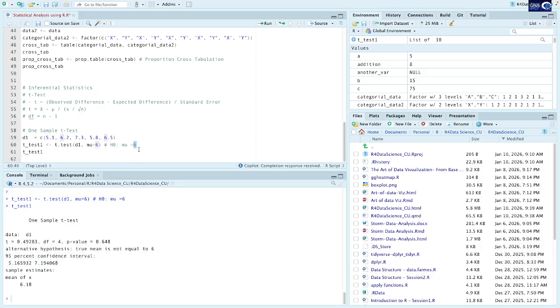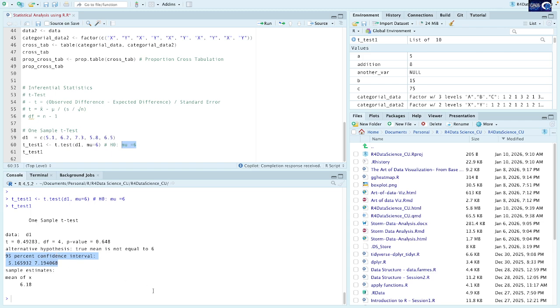If it contains the hypothesized value, that is mu equal to 6 in this case, then we have to do a further check to make sure the result is statistically significant.